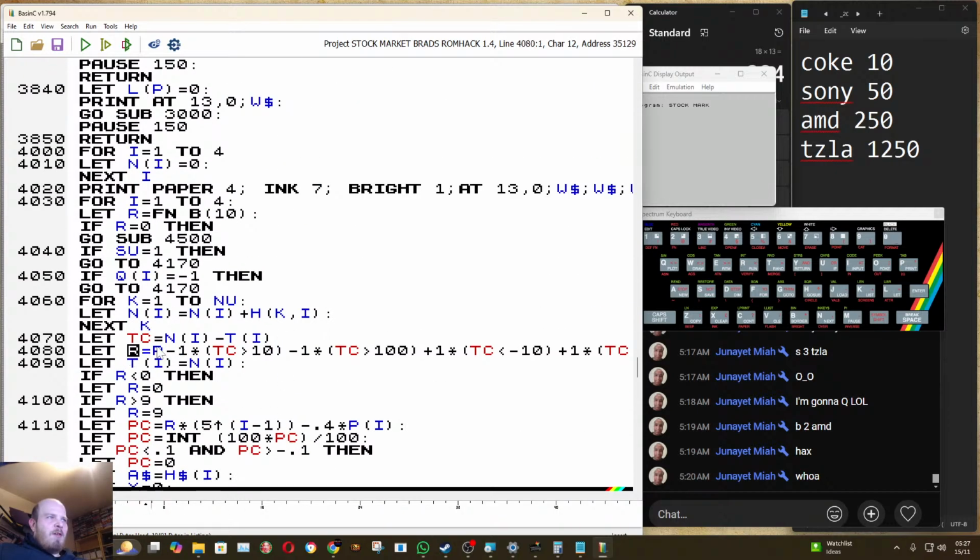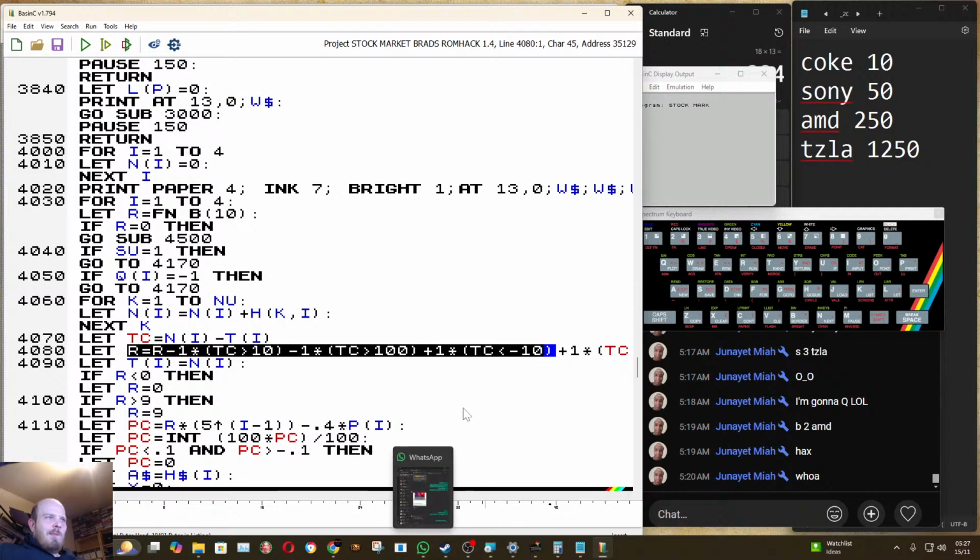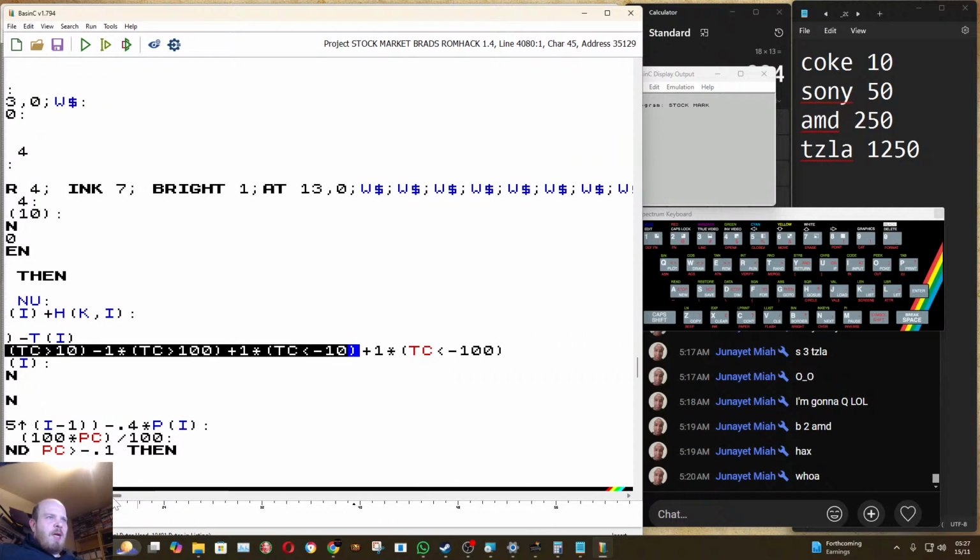But there's an algorithm here. What does this do? So R equals R minus 1 times TC less than 10 minus 1 times TC more than 100 plus 1 times TC minus 10 plus 1 times TC minus 100.